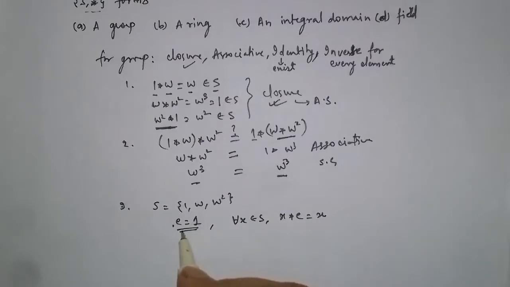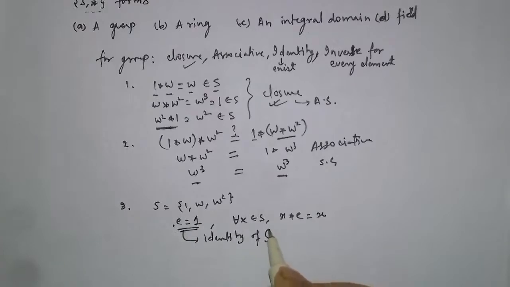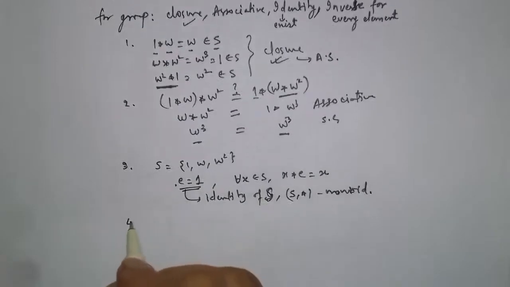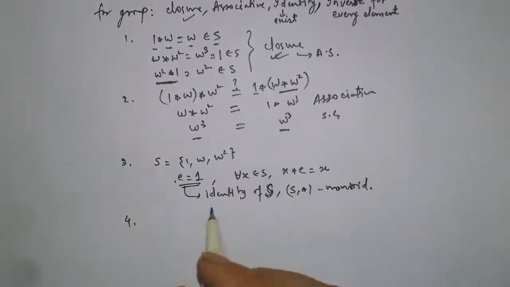So e is equal to 1 is the identity element of set S. So the structure (S, star) is a monoid.